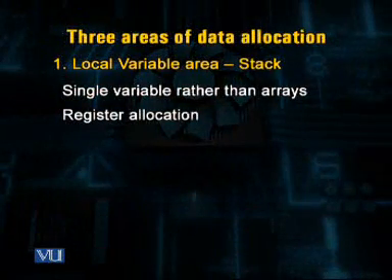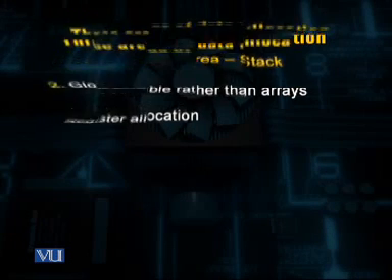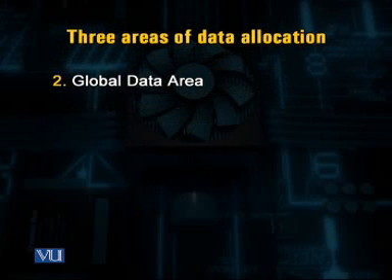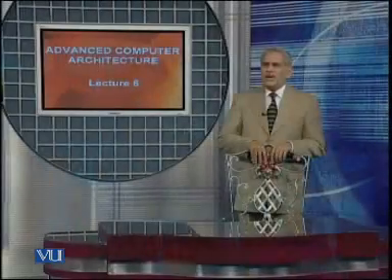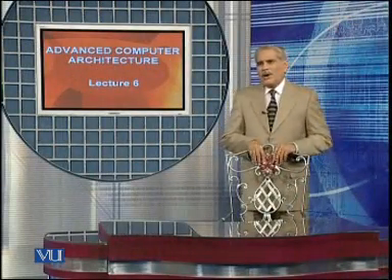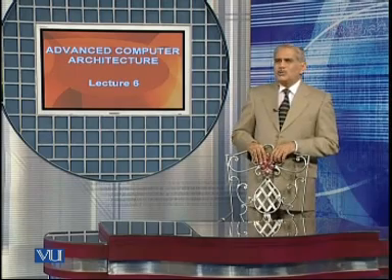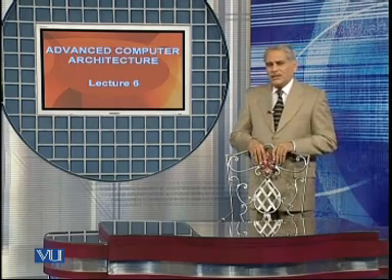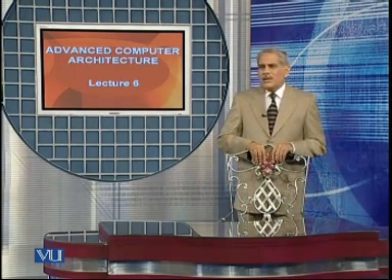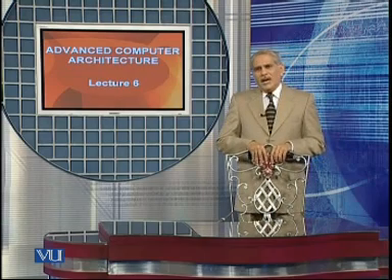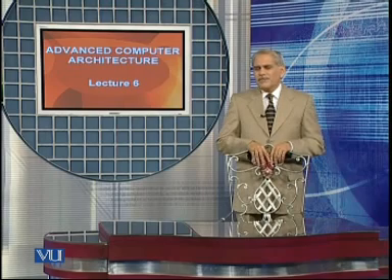The register allocation is much more effective for stack allocated objects. The second area is the global data area. The global data area is one which is used to allocate statically declared objects such as the variables and constants.